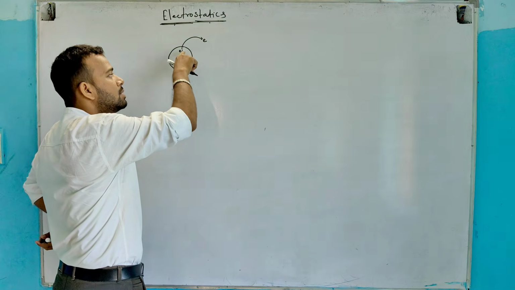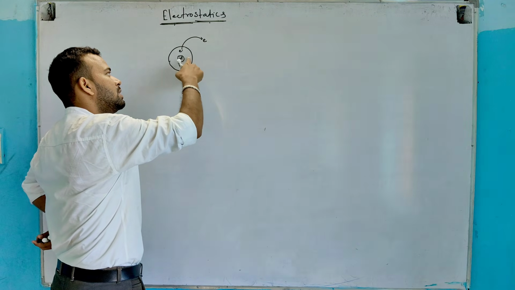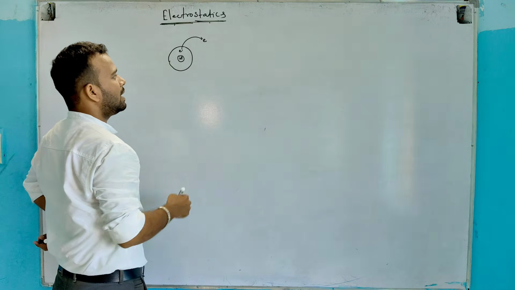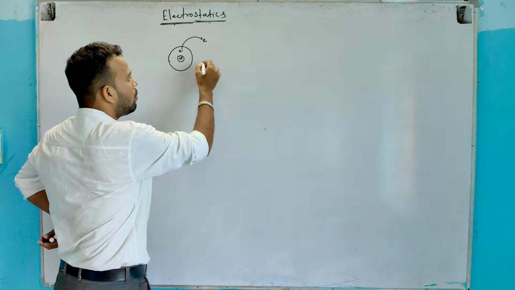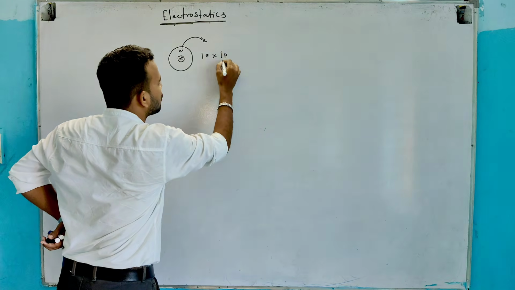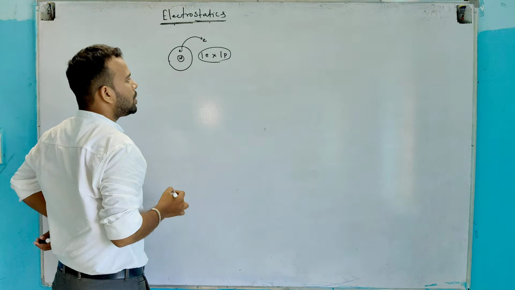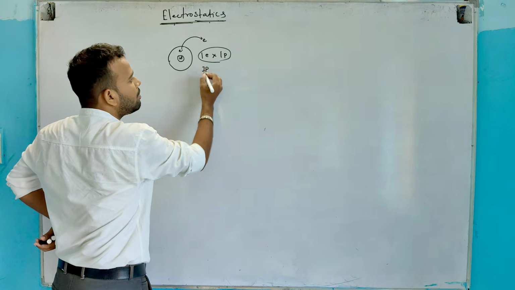As 1 electron is present and 2 protons are present, 1 electron cancels the effect of 1 proton. But 1 proton now remains.